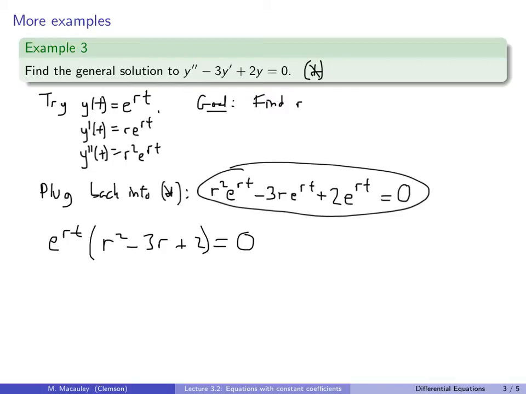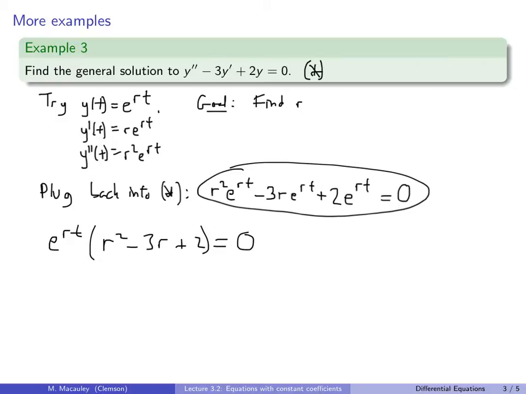So in other words, this left-hand side is 0. Equivalently, this is a solution if and only if this equals 0. So we have a solution of the form e to the rt for each root of this polynomial.